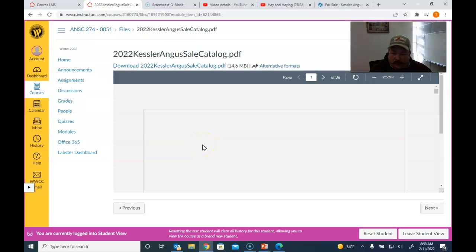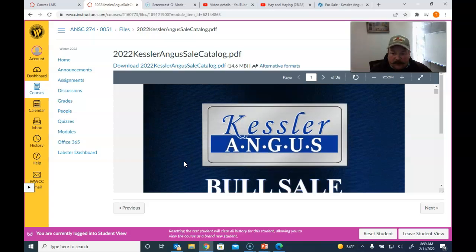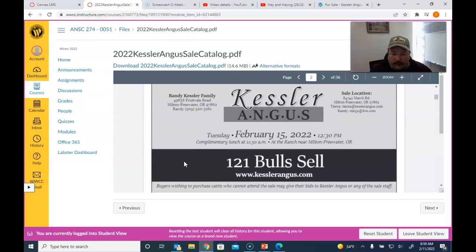So instead of messing around and having a different screen come up, I would suggest that you just download it. It'll make it easier. You can also go to their website, and it's got a pretty handy flip book that you can use too. But here you go. There's 121 bulls for you to look at and decide which of these 3 you would like to buy.